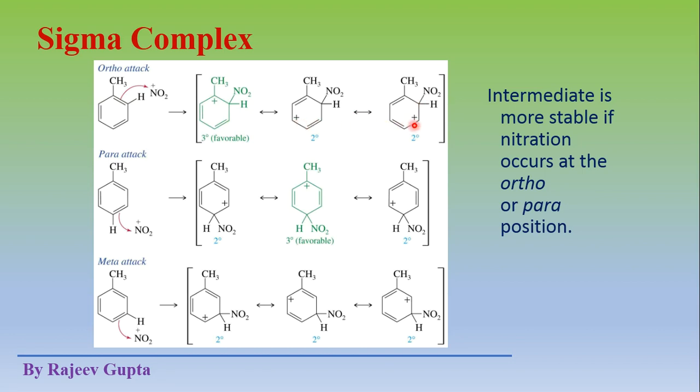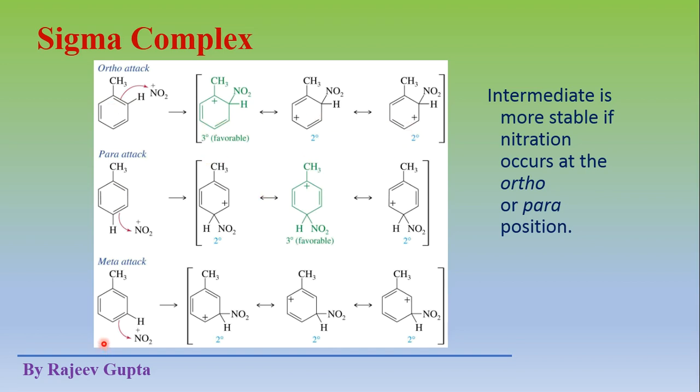Okay, in these meta positions. See, here what we are checking is the stability of sigma complexes. Where we get higher stability, that sigma complex will be more stable and will make product in higher amount. How do we check the stability of an intermediate? First we see the number of possible resonating structures.